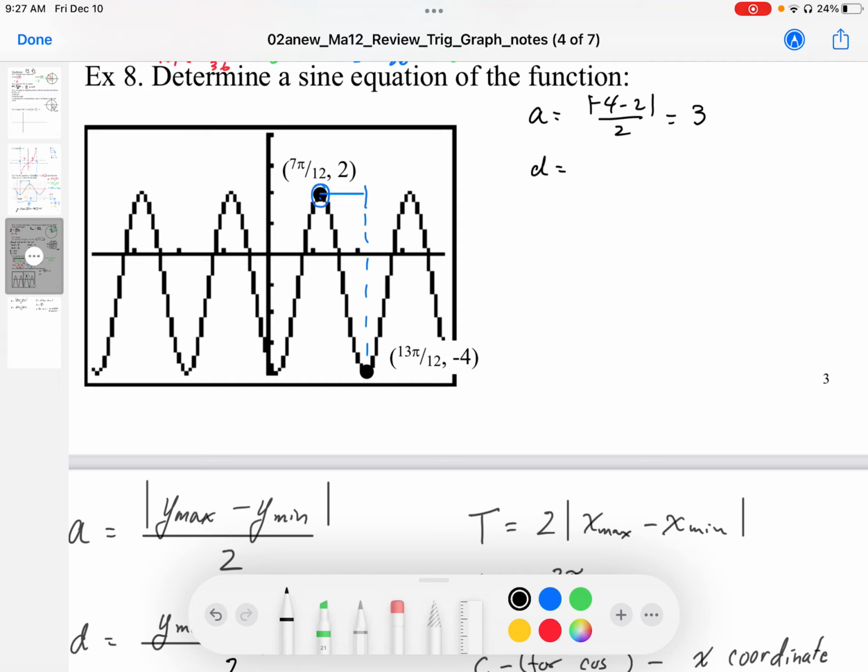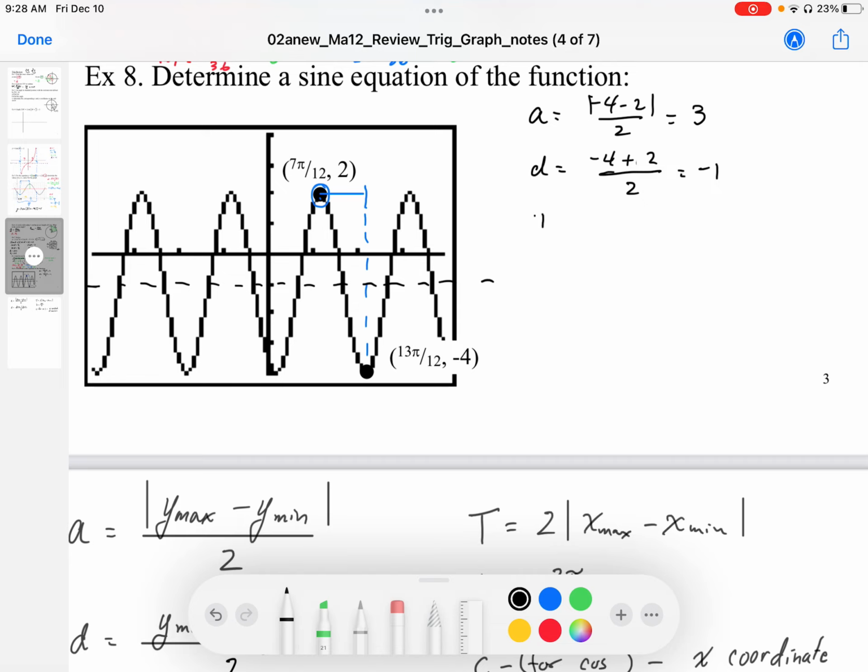The d value is going to be the average position of the top and bottom, so negative 4 and positive 2. That sum is negative 2, and half of that is going to give me the middle position of negative 1. So I can see very clearly that negative 1 represents my middle position.